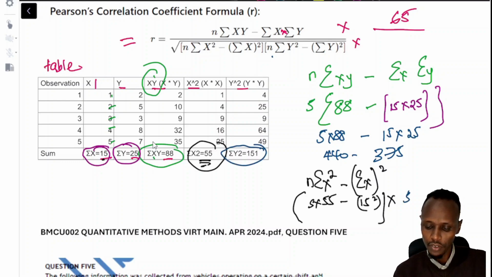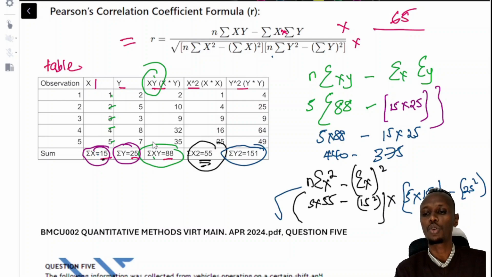So 5 times 151, minus the sum of y, squared, 25 squared. And then we take a square root of all this.